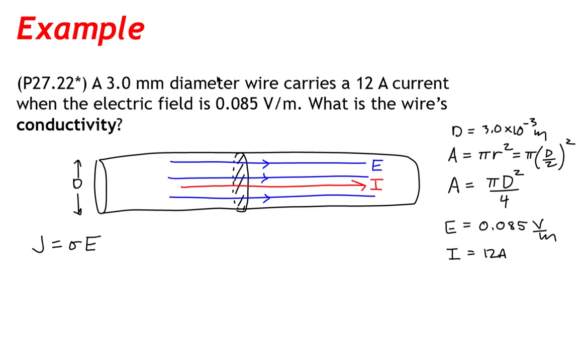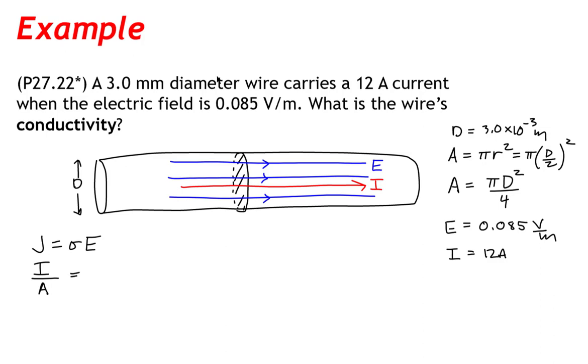What that means is the greater the conductivity, the greater the current density. The smaller the conductivity, the smaller the current density. And remember, current density is defined as current per unit area. So there's the area that we thought we were going to need.